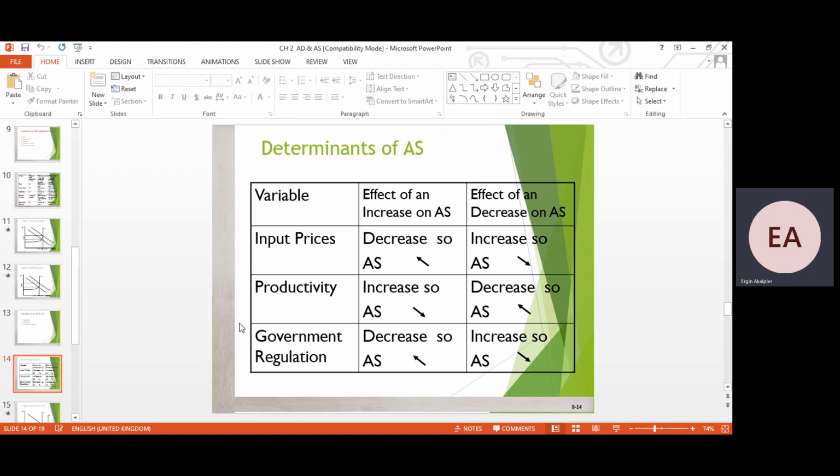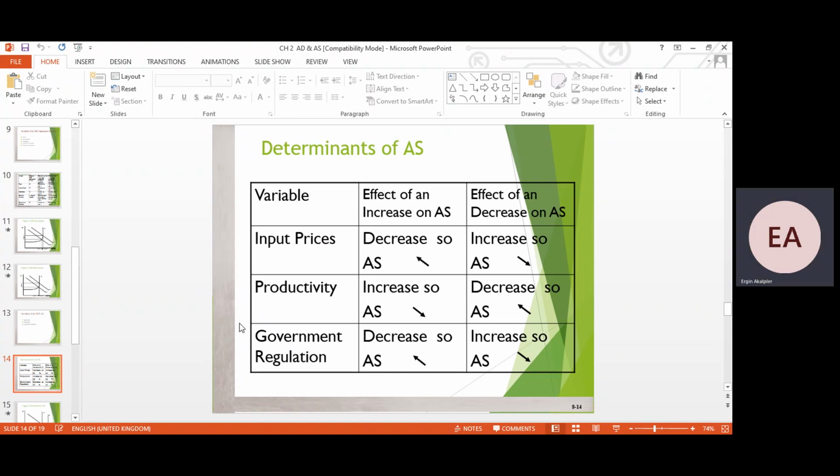As I mentioned, regarding the effects of an increase on aggregate supply, the input prices are affected by these price changes. As I said, if the input prices increase, this will cause some negative impact to the aggregate supply.